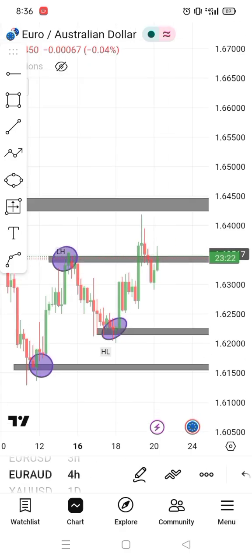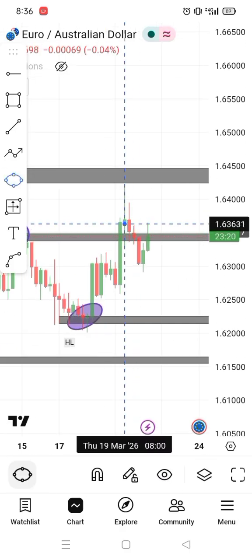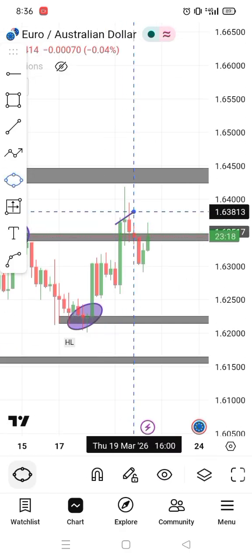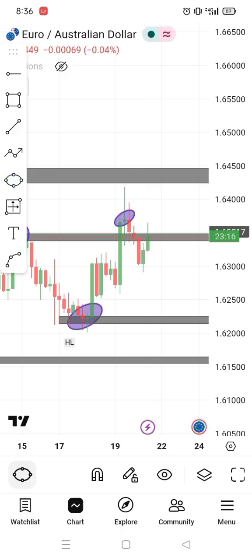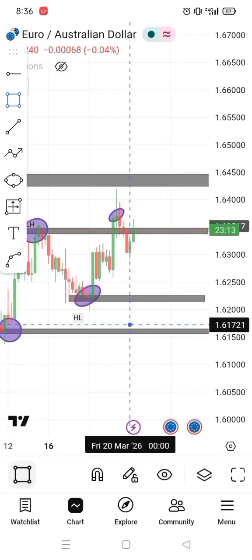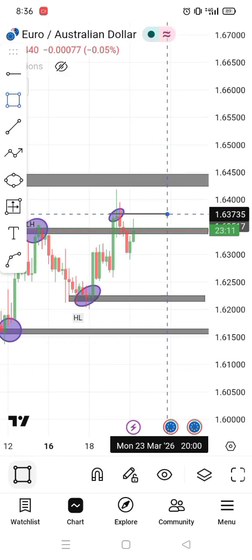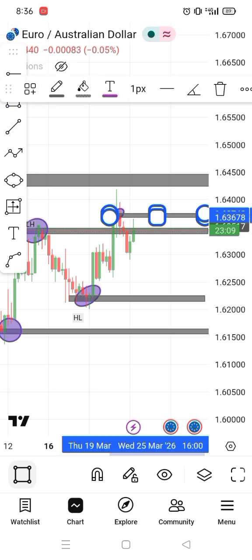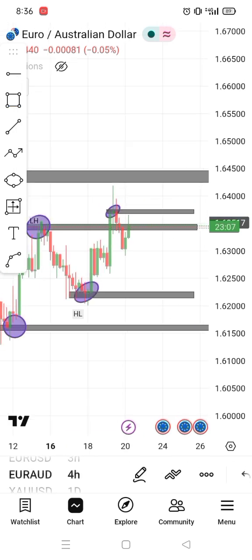And then ended up breaking it, creating a new high in the market. So in this scenario, we do have our indication here. We have our indication in that one.